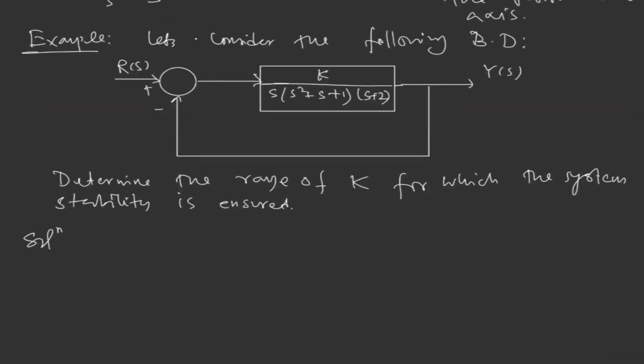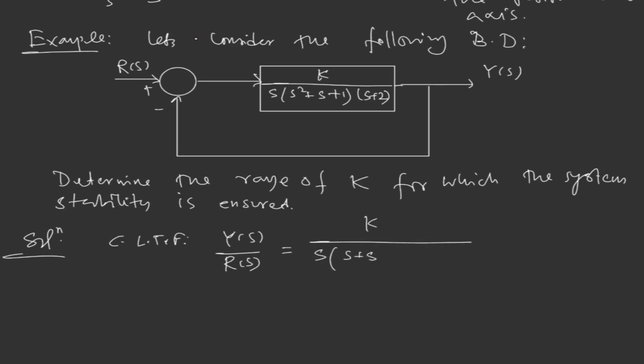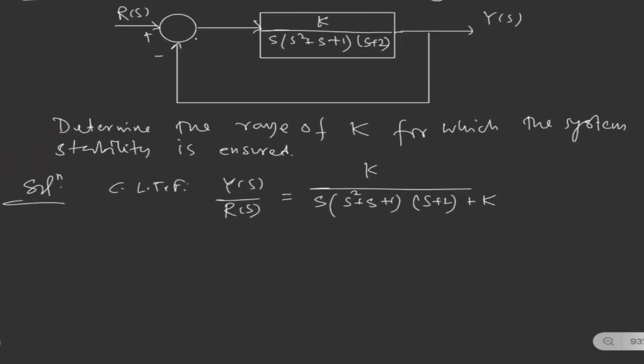So solution, the closed loop transfer function, we can write Y(s) divided by R(s) equal to k upon s into s square plus s plus 1 into s plus 2, plus k. And the characteristic equation from the denominator part is s to the 4 plus 3s cube plus 3s square plus 2s plus k equal to 0.